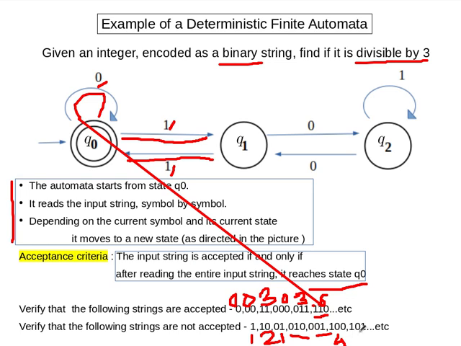And this 101 is 5. So all of these are not divisible by 3, and these are divisible by 3. So this machine is actually doing something useful. It is solving the computational problem that given any integer, find whether it's divisible by 3 or not.